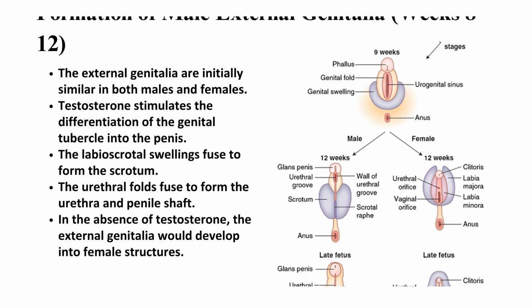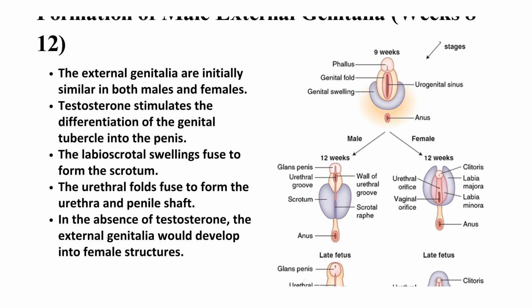Scrotal development: the scrotal swellings on either side of the genital tubercle fuse to form the scrotum, which will house the testes. The process is influenced by androgens, particularly testosterone. The descent of the testes into the scrotum occurs later in fetal development, usually between the 7th and 9th months of pregnancy, though some males may experience a delay in this descent, a condition known as cryptorchidism.